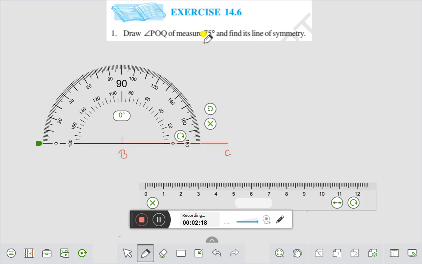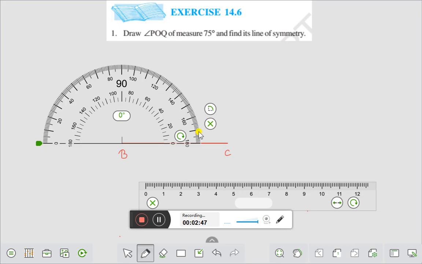And find the angle of 70 degrees, that is 10, 20, 40, 60, 60 plus 10 is 70, 75. Here it is 10, 20, 30, 40, 50, 60, 70, 75. This is 75.